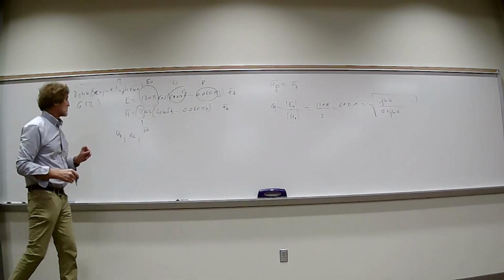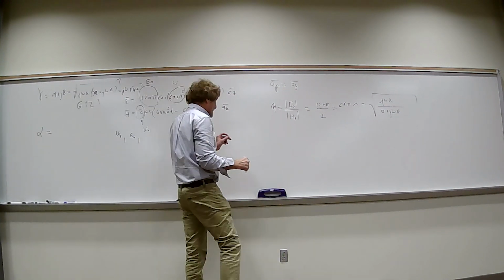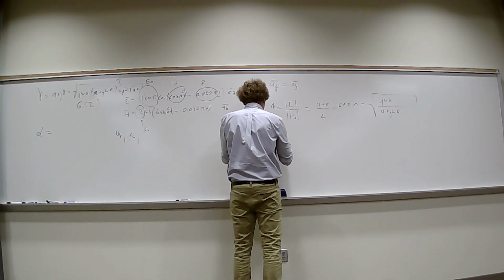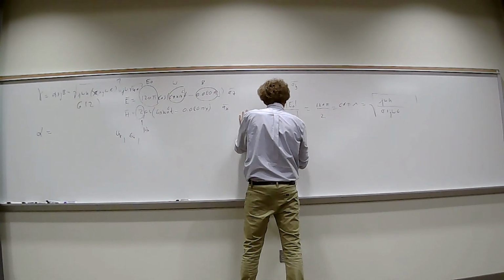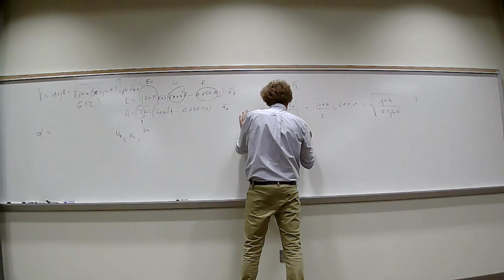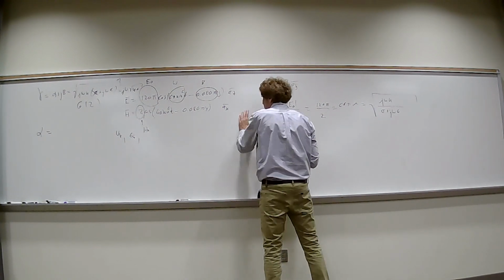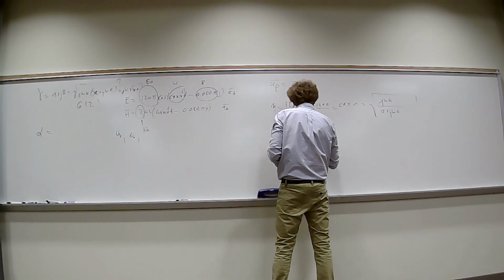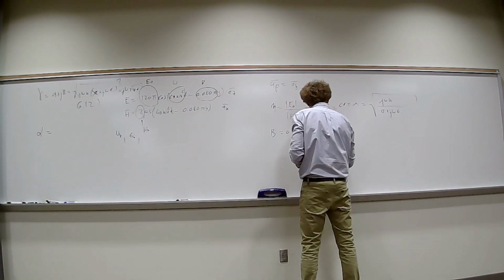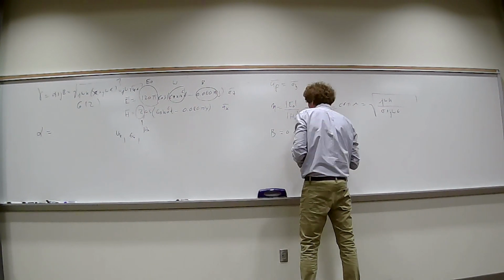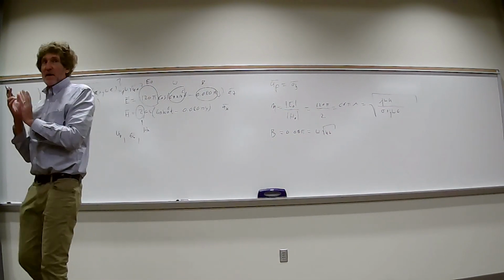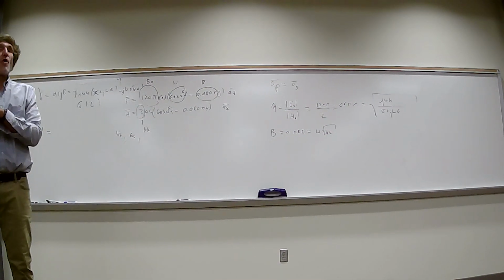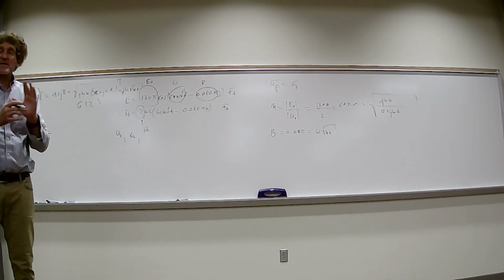Matter of fact, we could say that beta, right here, which we defined as 0.08 pi, is actually equal to omega times square root of mu epsilon. By inspection, we find the value of beta, but beta is also equal to this if sigma is 0.